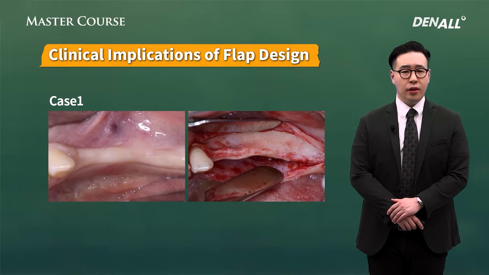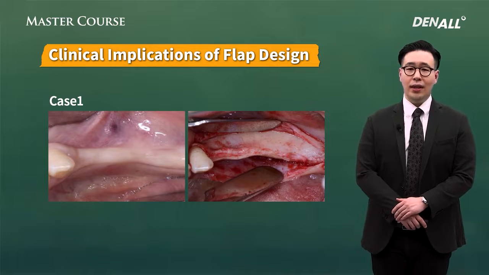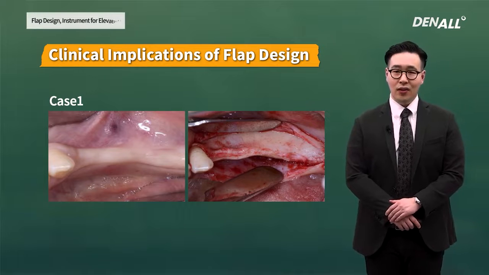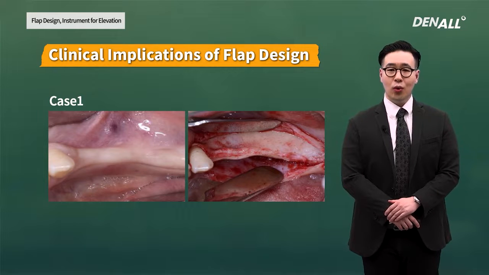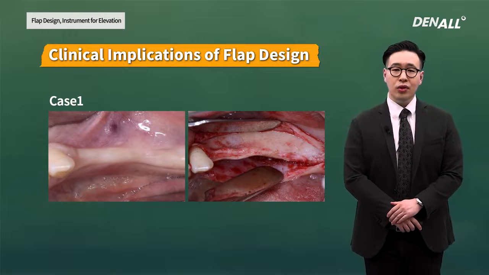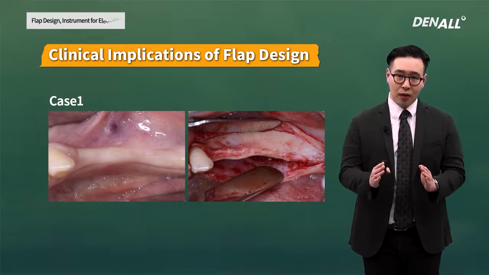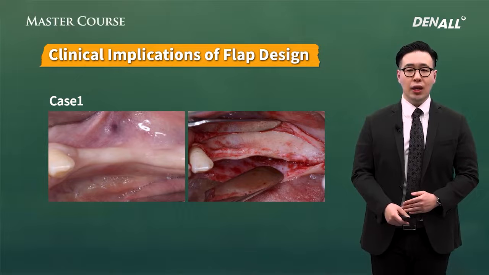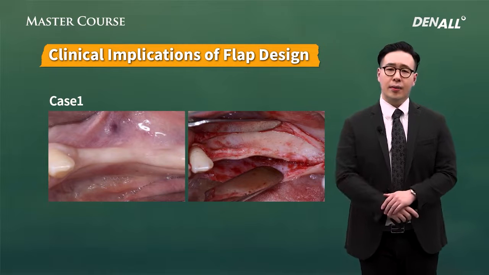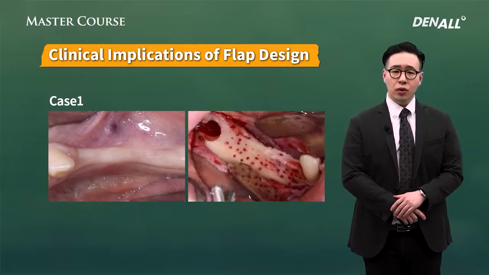As you can see in this case, in lower posterior, there has been a lot of resorption. Considering the factors that I've mentioned earlier, the flap was elevated. Buccolingually sufficient flap was elevated and surgical site was completely exposed.